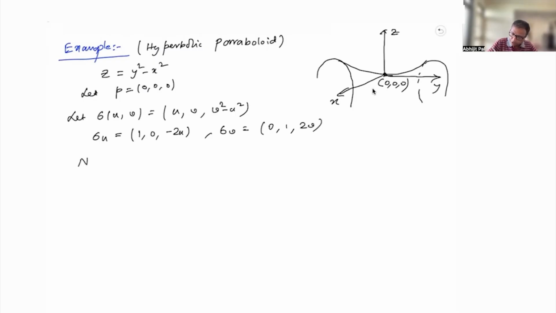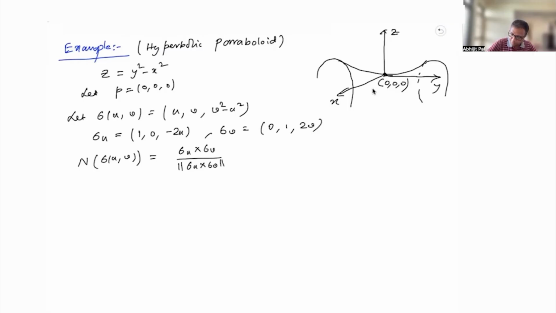So the normal vector or Gauss map N of sigma(u, v) you can compute from here: it is the vector product of sigma_u with sigma_v divided by the norm of this.